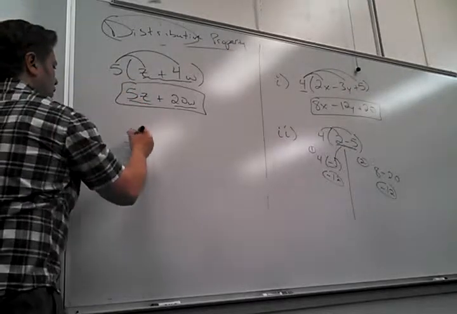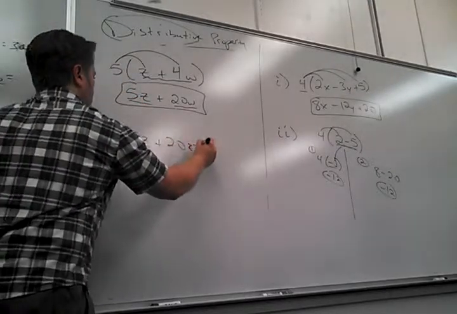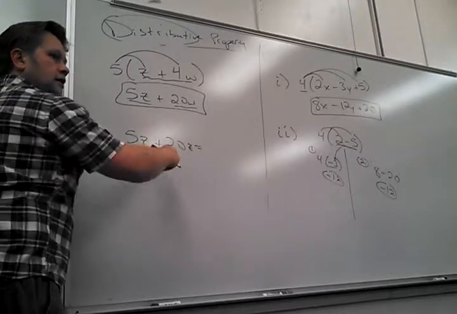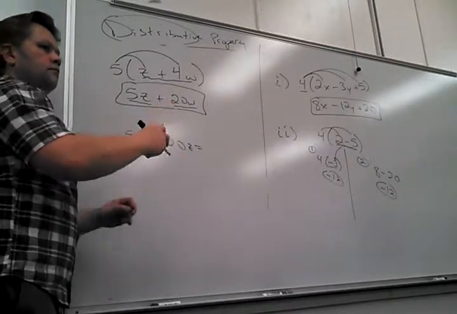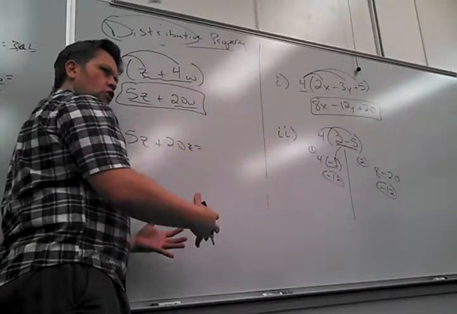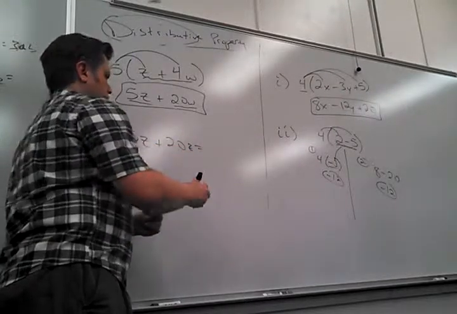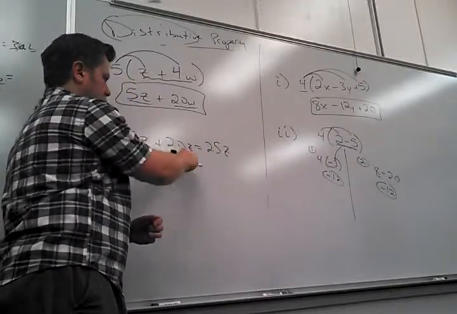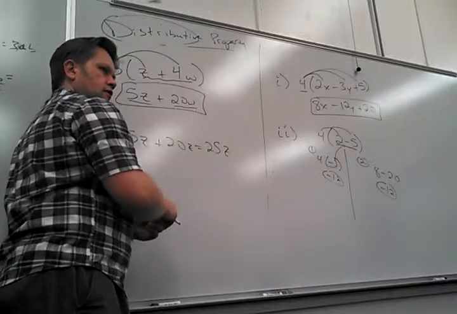Now, if it was 5z plus 20z, what would that be? If I got 5 z's and I got another 20 z's, how many z's total do I have? 25 z's. Right? 5 z's plus 20 z's is 25 z's.